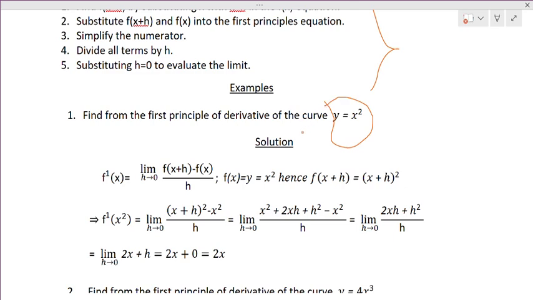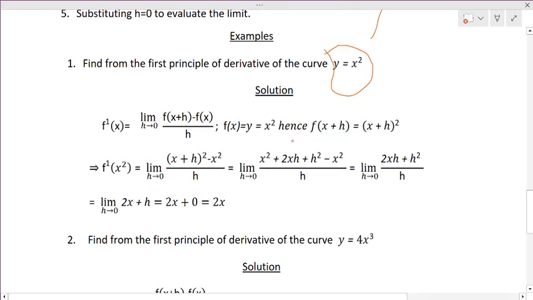Y is equal to x squared. Good. So what you're going to do is, first of all, you have to determine your f of x. And as I said, f of x is always given to you in the equation.